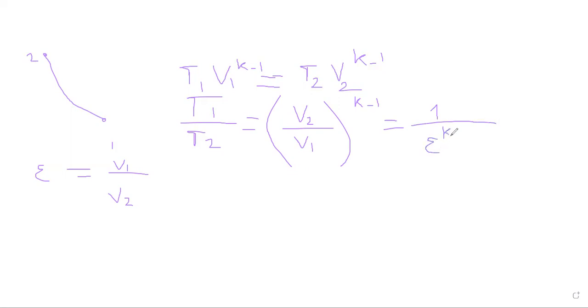So now we were able to find the efficiency just as a function of epsilon and k. And the thermal efficiency of this gasoline engine is 1 minus 1 over epsilon to the power k minus 1. So as expected, if you increase the compression ratio, so for larger values of epsilon, the efficiency will increase.